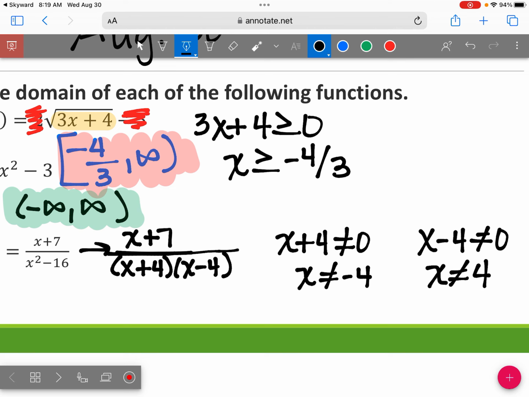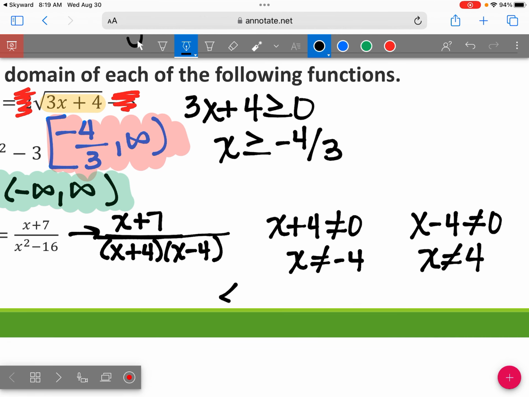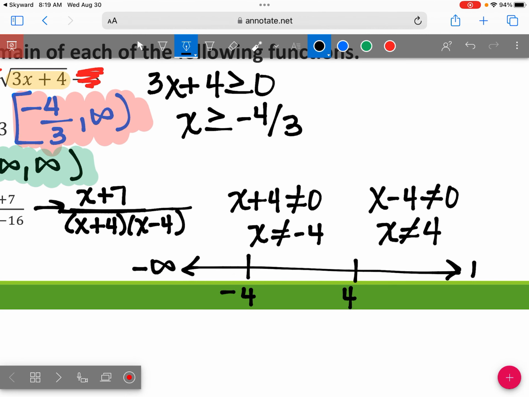So it's optional. You don't have to do this, but I am going to put this on a number line so you can see it visually. So I have -infinity to -4.